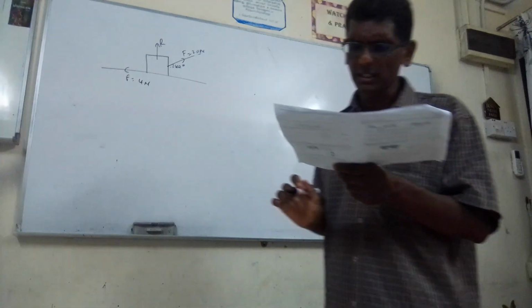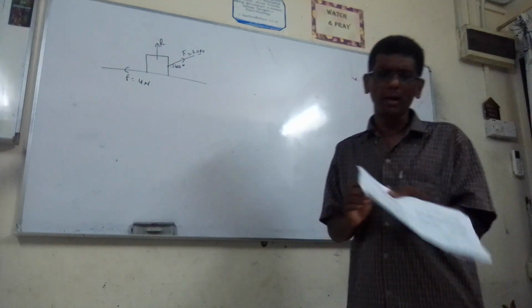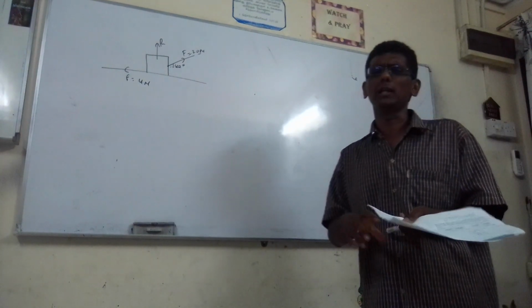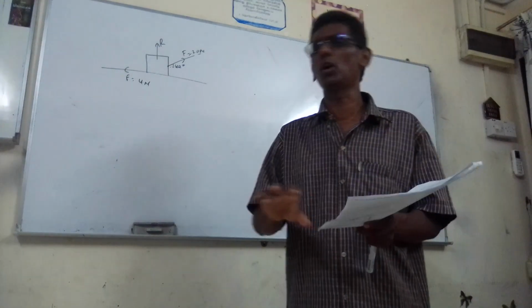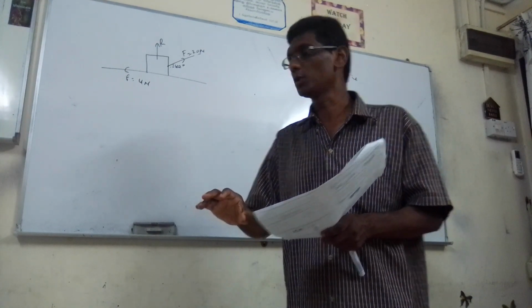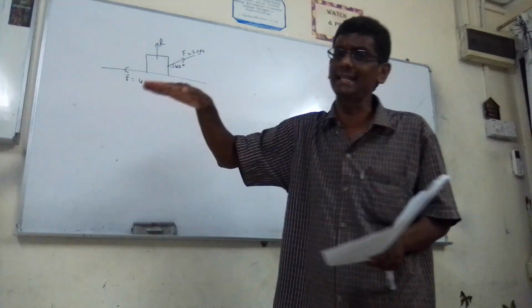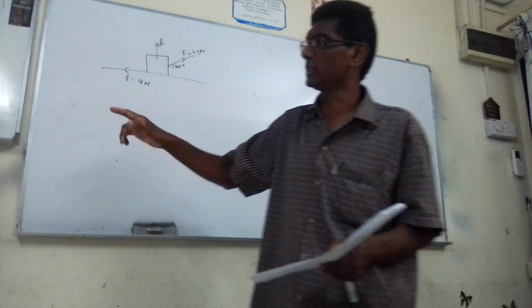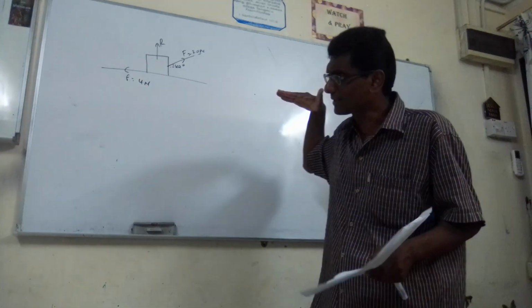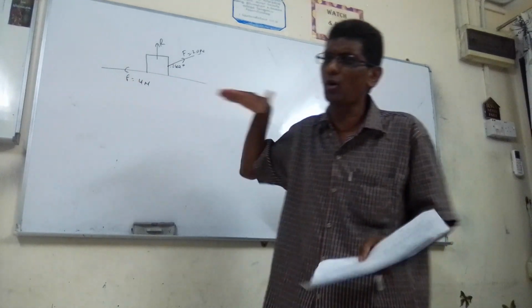So for this question we have to do what we call resolution of forces. This force is not acting at 90 degrees. In the previous questions, the force acting was 90 degrees, 20 Newton, 4 Newton.